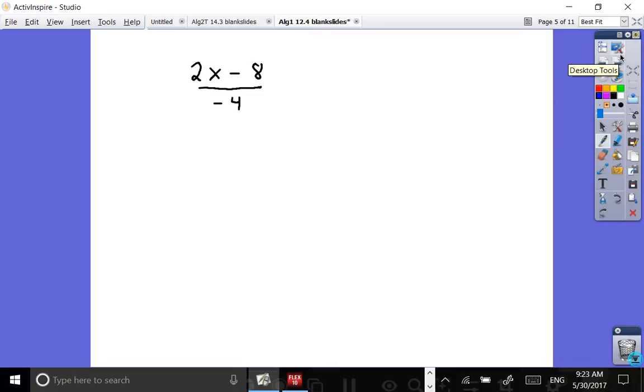What would be the greatest common factor of all of those? 2. So let me factor a 2 out of the numerator, right? That'll be 2 times x minus 4. And then I'm going to show it like this, that is also 2 times negative 2. Okay, and so I've shown the common factor that I'm now going to cancel.